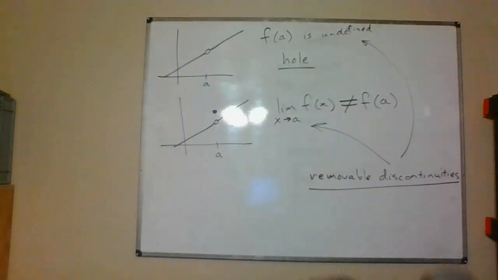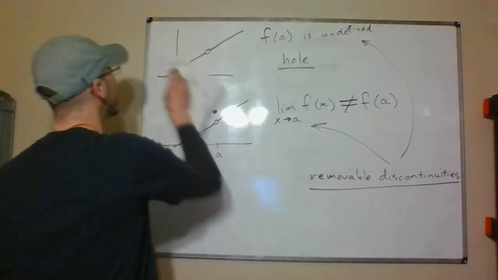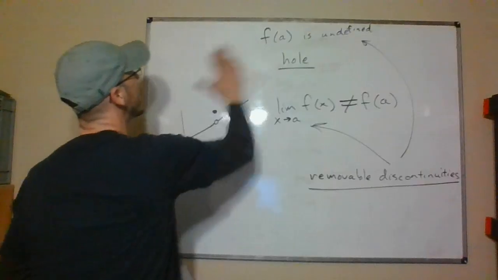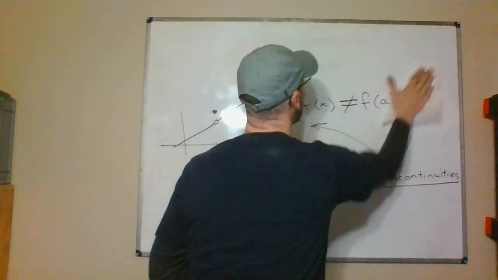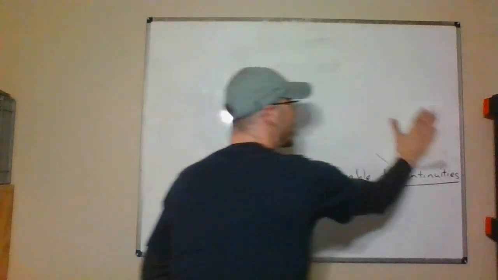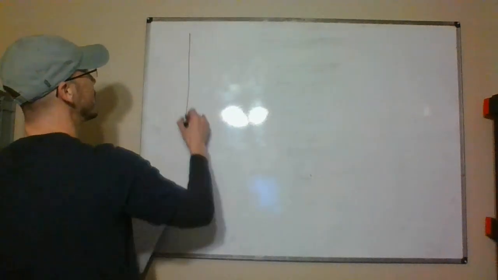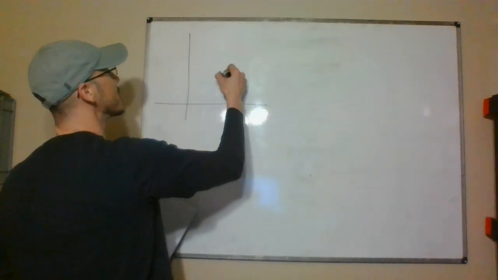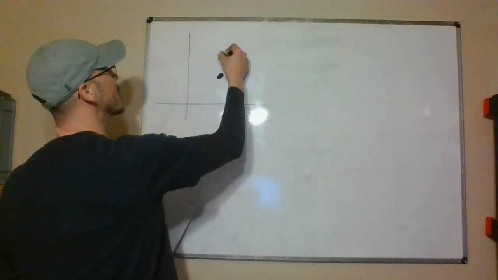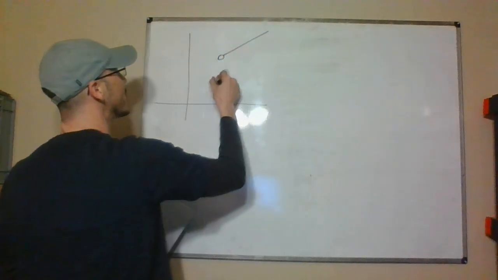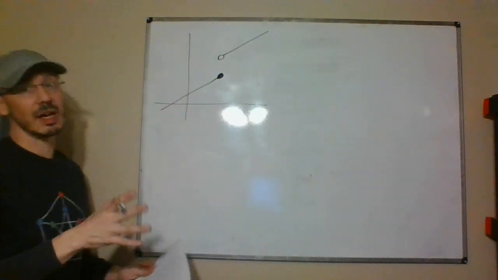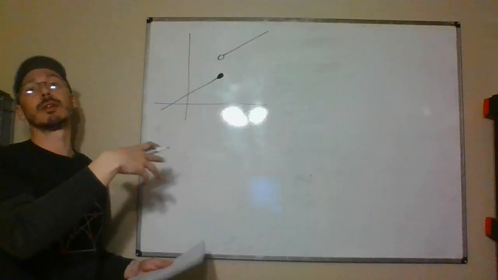The next one we'll look at, there's actually different varieties of this, but I picked this one because I think it covers the basics. Again, a simple function, two lines this time, but they're not connected.